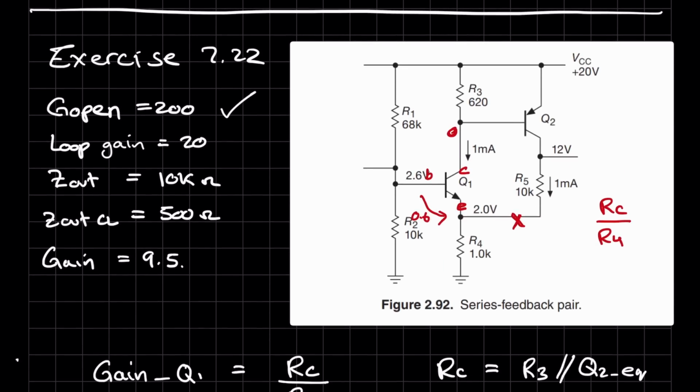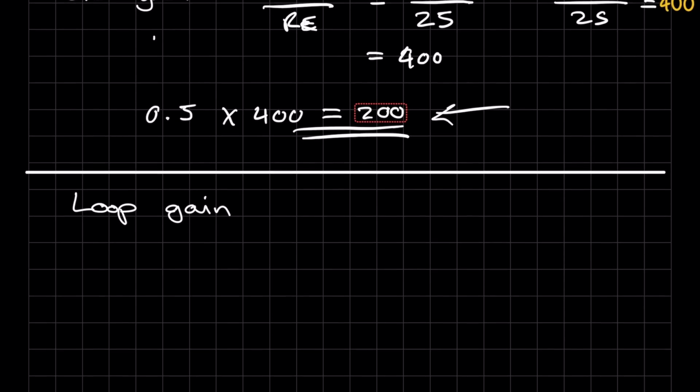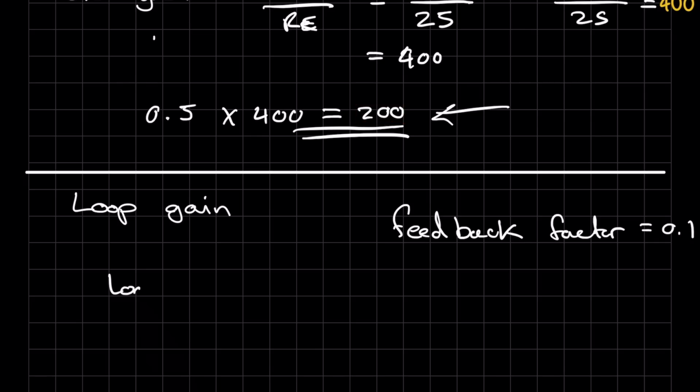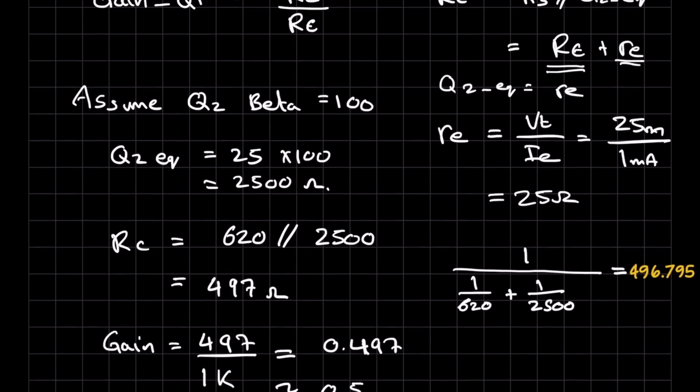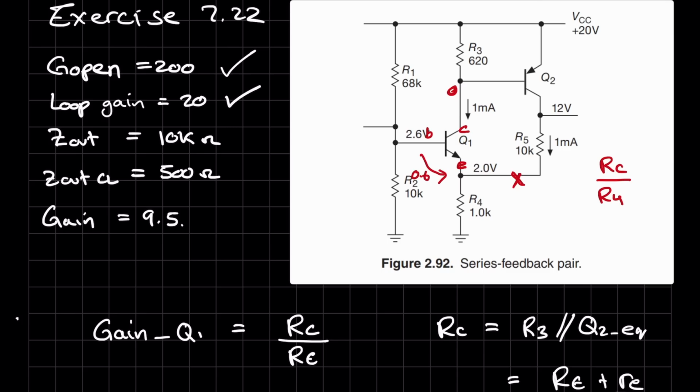We basically have another potential divider that's reducing the amount of feedback from the output that's going back into the circuit. So 1 over 10 gives us a feedback factor of 0.1. Our open loop gain is 200, so the loop gain is going to be 0.1 times 200, which is equal to 20. Now going back to the question, we have basically found this.